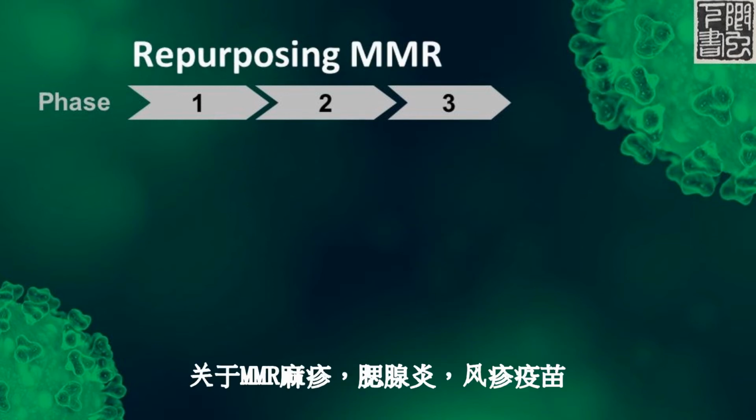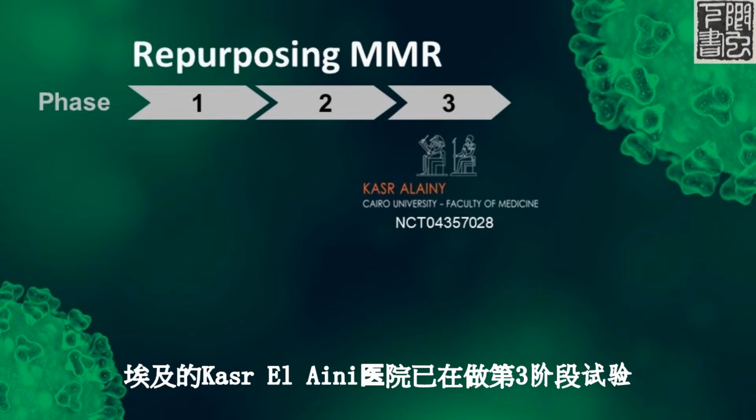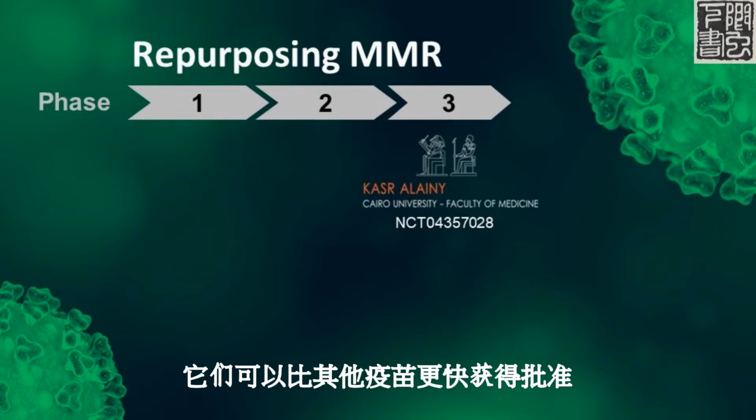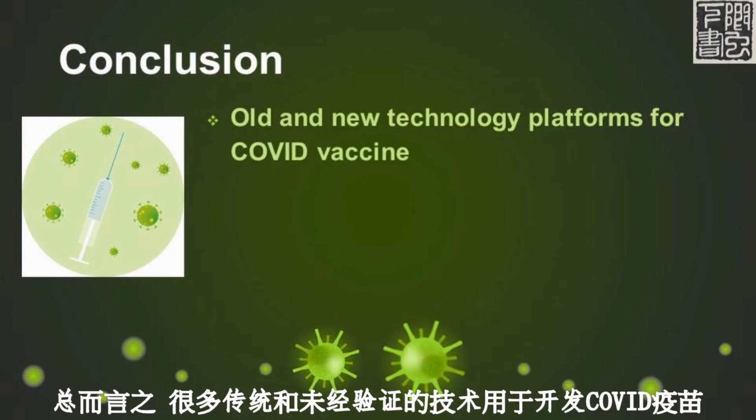As for the measles, mumps, rubella vaccine against COVID, the Kaiser El-Alani Hospital in Egypt has a trial in phase 3. If the BCG or MMR are found to be effective against COVID, they can be approved much more quickly than other vaccines. In summary, there are established as well as new and unproven technologies being used for COVID vaccine development.